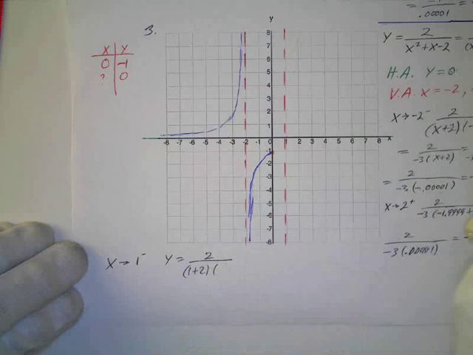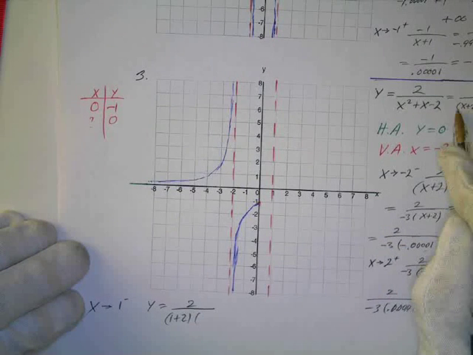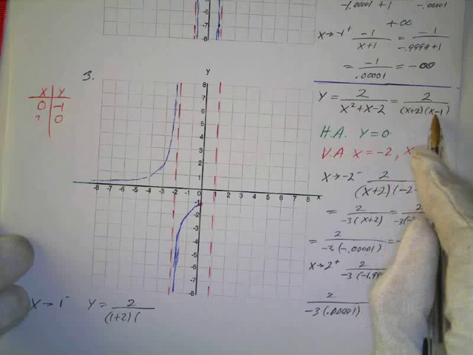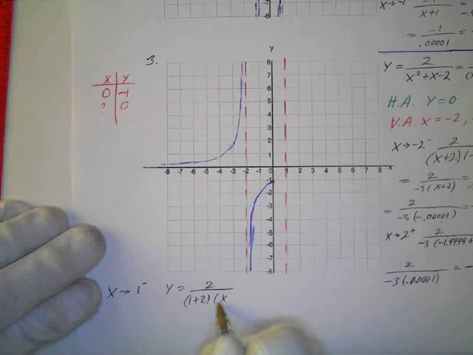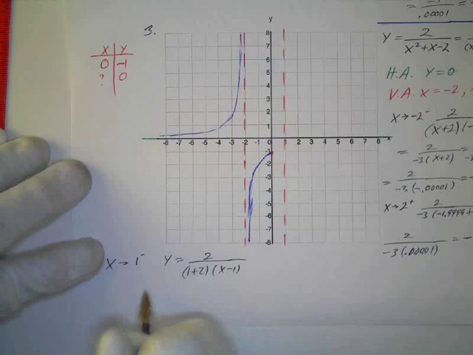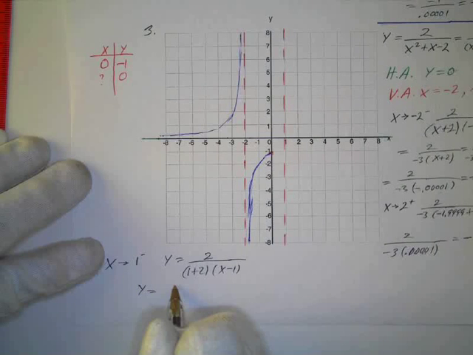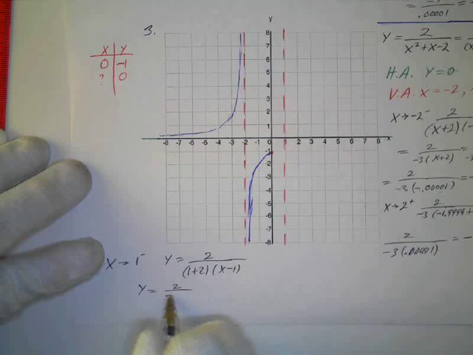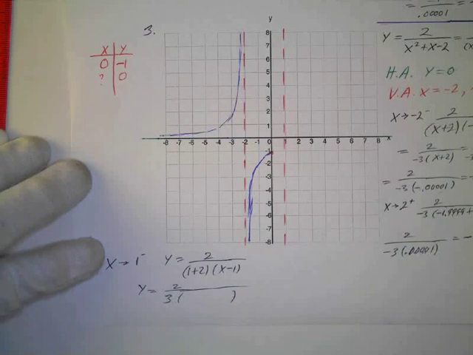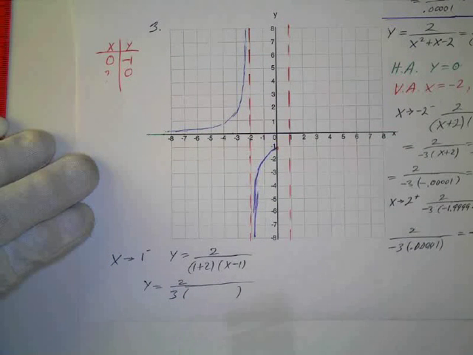I just can't put, oops, right over here. I could put 1 here, right? But I can't put 1 over here, so I'll just write that as x minus 1, because 1 minus 1 is 0. That's a no-no. But this is okay. So that's going to be the same thing as y equals 2 over 3, and then times this guy, x minus 1. So that's where we're going to use a very small approach.